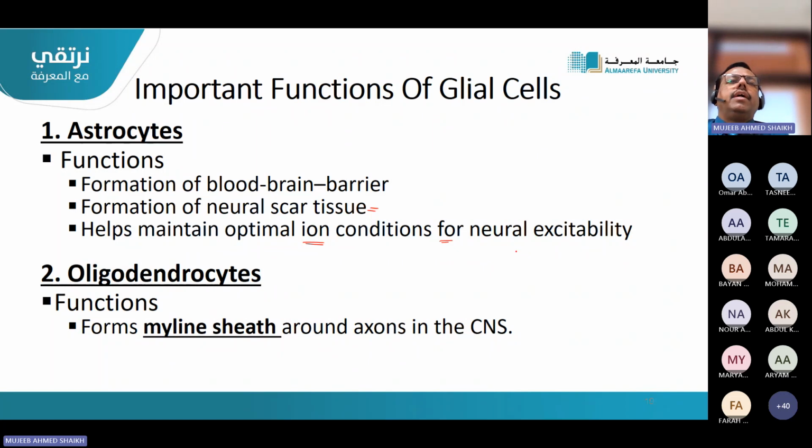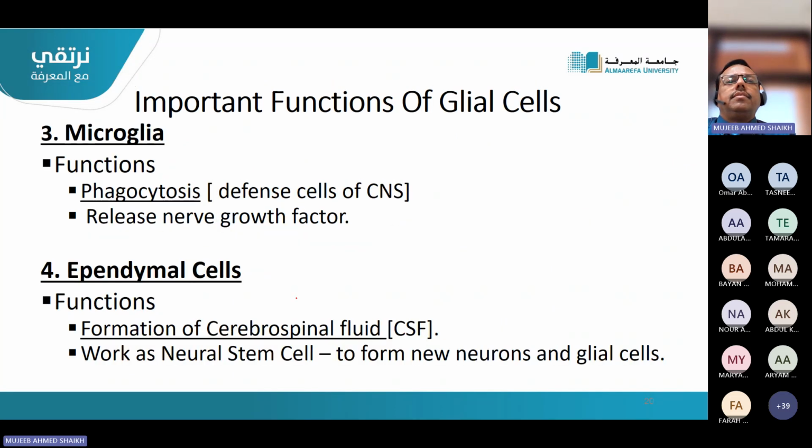So this is the function of astrocyte. Oligodendrocytes are responsible for forming the myelin sheath covering of the axons in the central nervous system. In the peripheral nervous system, another cell is called the Schwann cell.